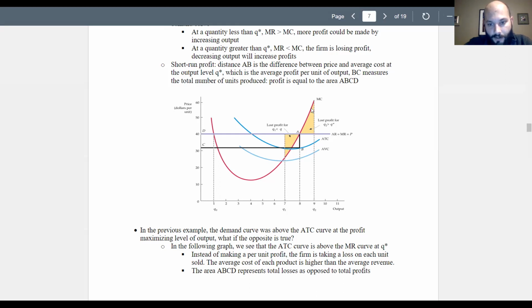Out here, the marginal revenue of the next unit is less than the marginal cost, so we would be losing money producing that 9th unit and losing profit. So P equals MC. Here's our price, here's marginal cost. We find the intersection. Any point where P is not equal to MC is not profit maximizing.